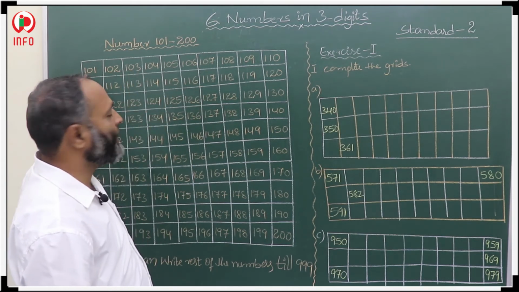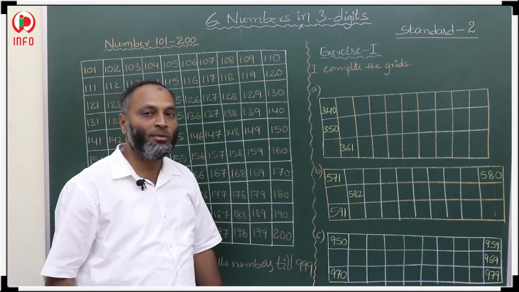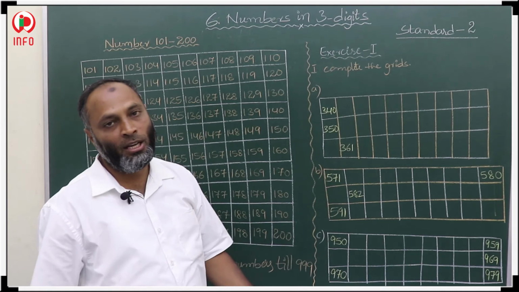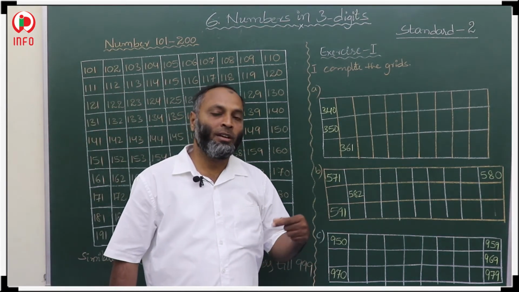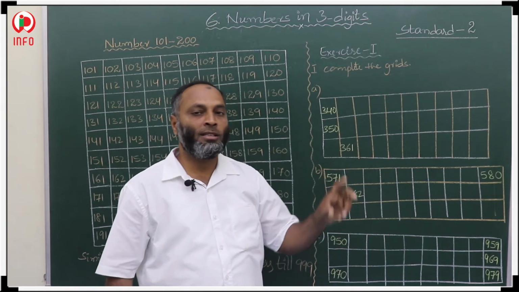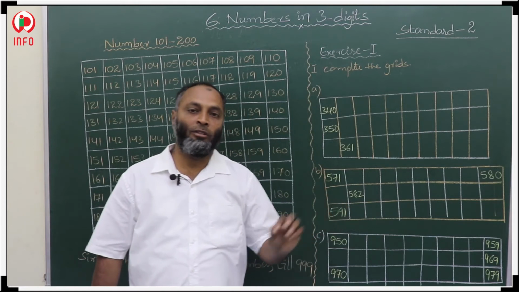In hundreds place we take 2. For 301 to 399, again in hundreds place we take 3. After 399 we take 400.